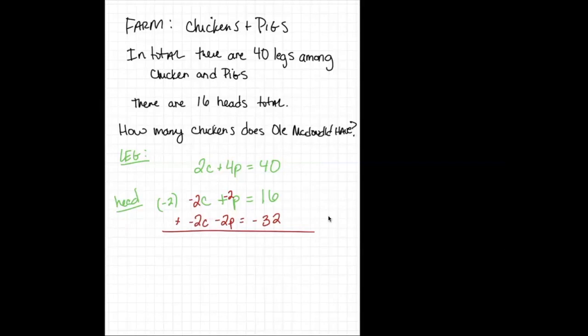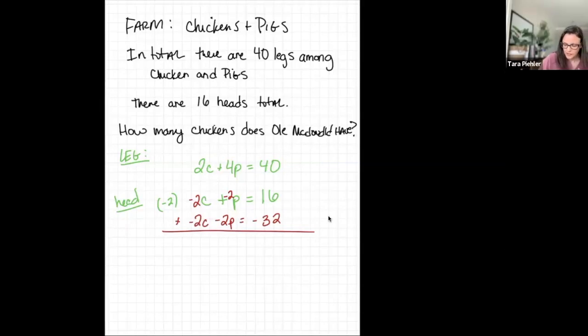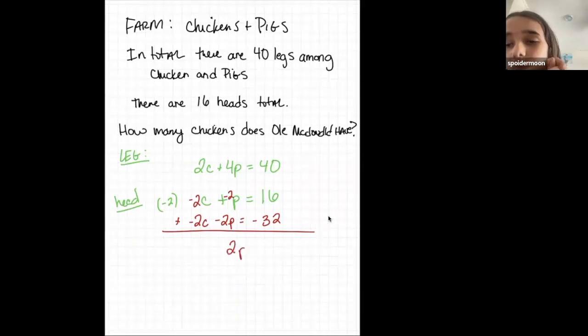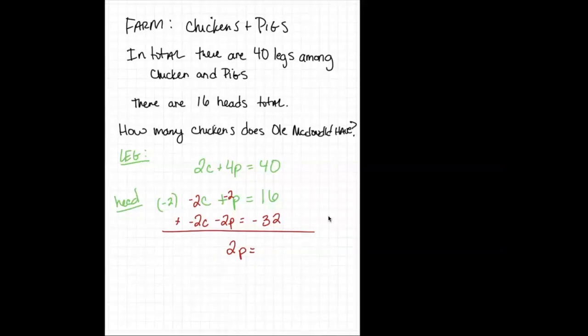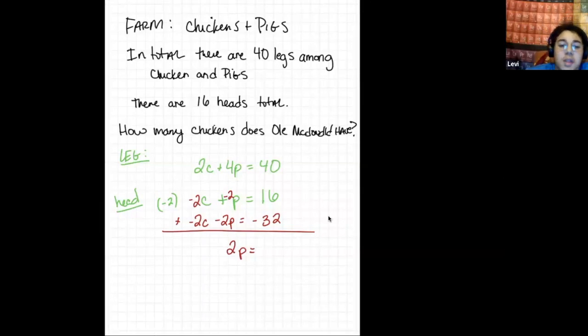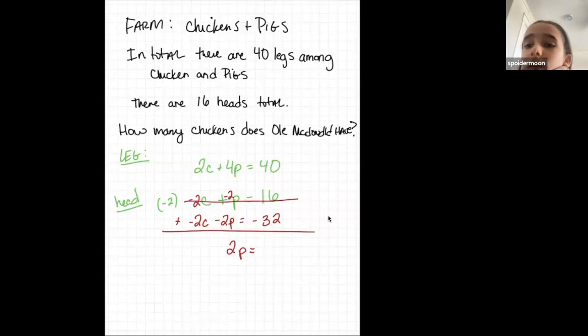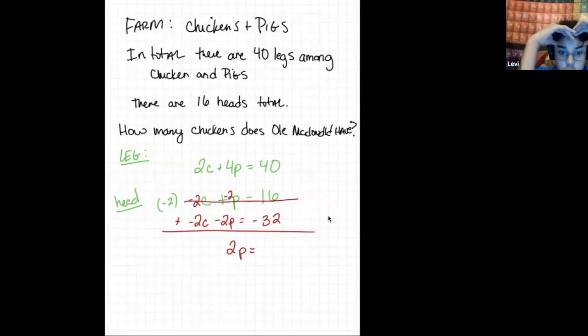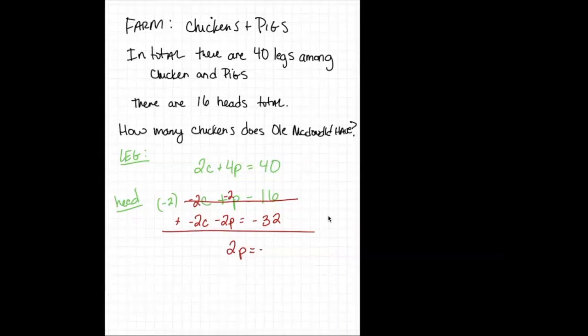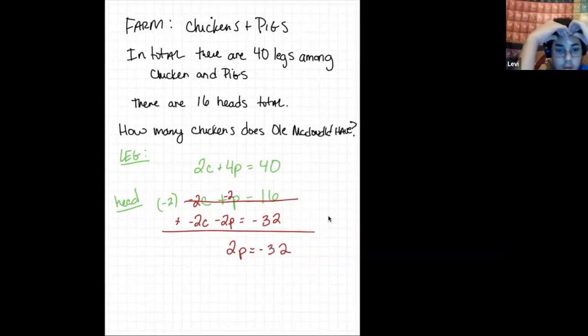So you eliminated the C. Okay, so let's see where we went wrong here. 4 plus -2 is 2.